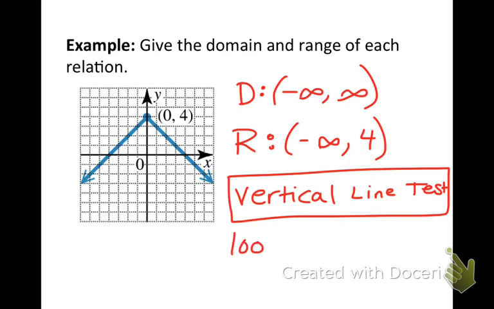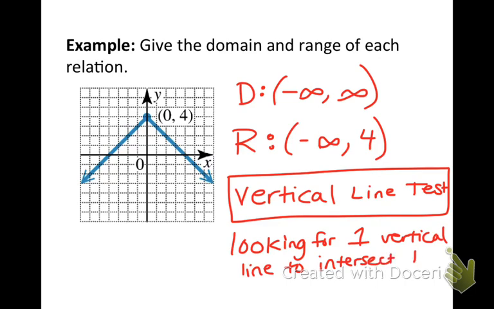And you're looking for one vertical line to intersect the graph in more than one point. All you need is just one for it to intersect in more than one point for it to not be a function.